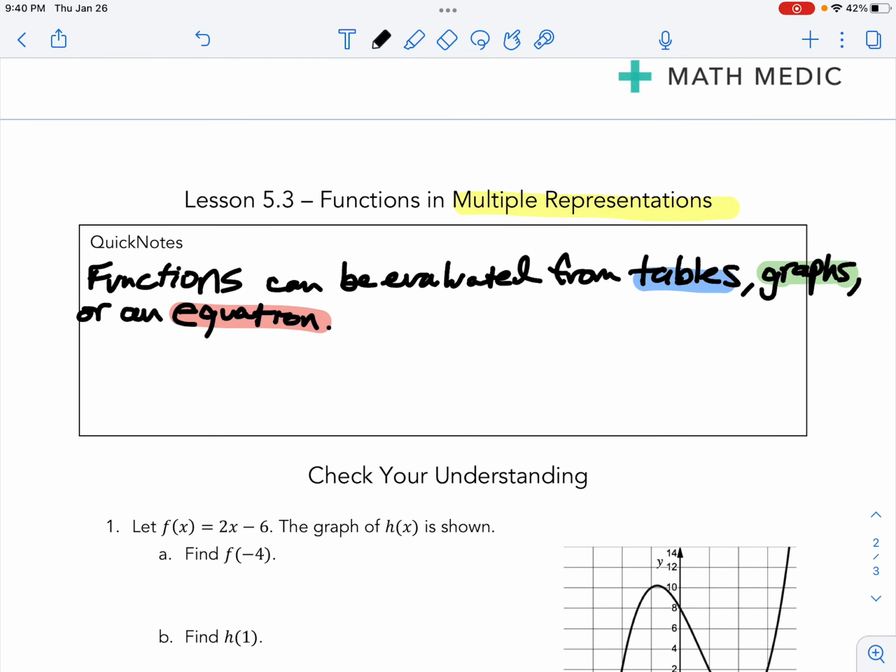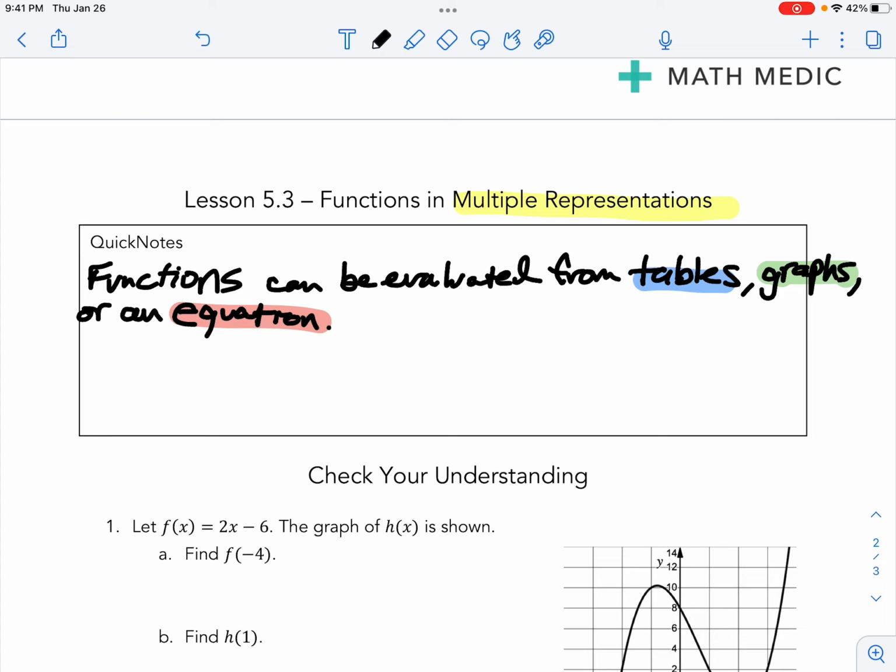Some other notes to jot down here for us is that we know that given an input, we're going to try to find the corresponding output. And in order to do that, especially with equations, we would take that input and figure out the output.